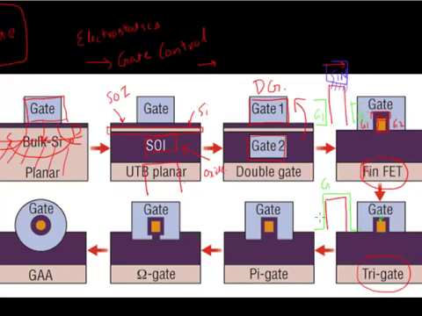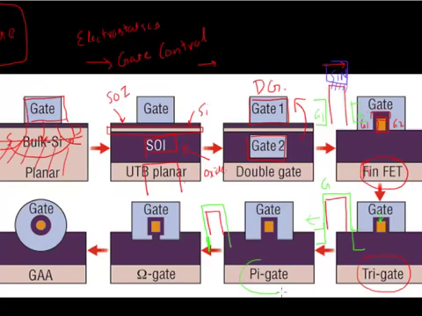You can go one step further by not only including the gate on the side, but having it protrude a little bit, going a little bit below your fin. So if you have a fin, your gate is wrapping around it in a pi shape.